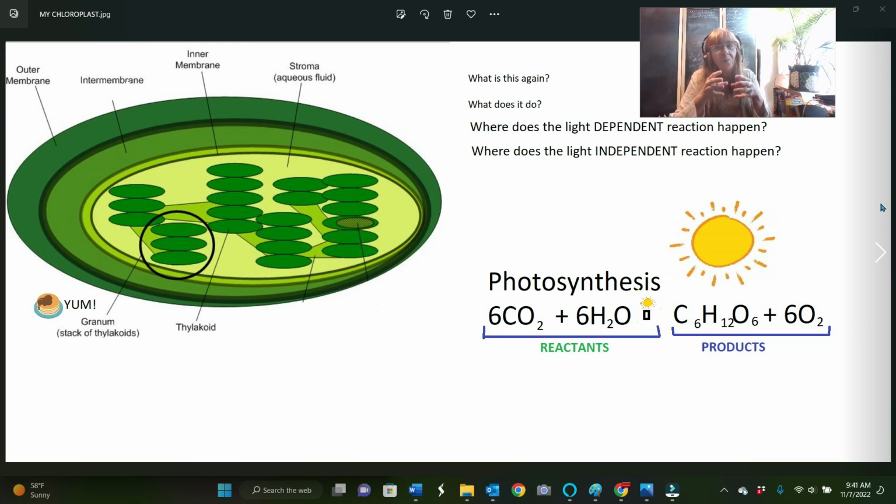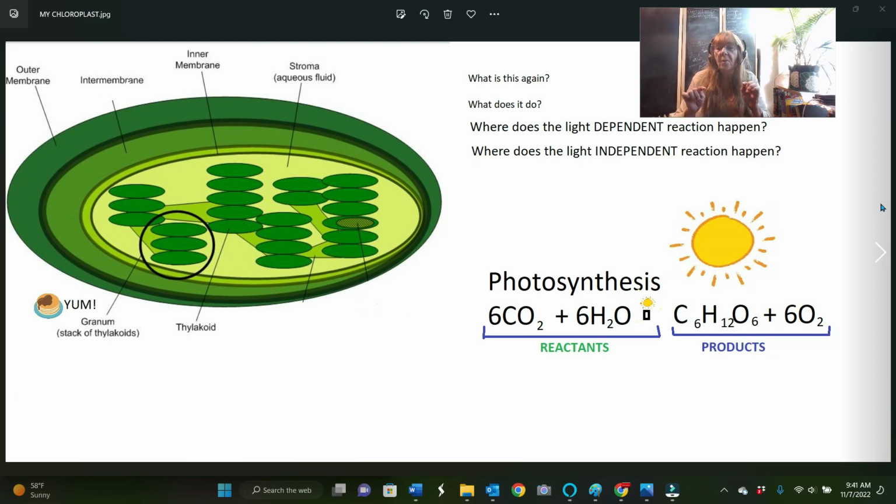But there are other products inside the light-dependent reaction that need to go into the light-independent reaction. So let's see what we're talking about, because I don't want to confuse you.